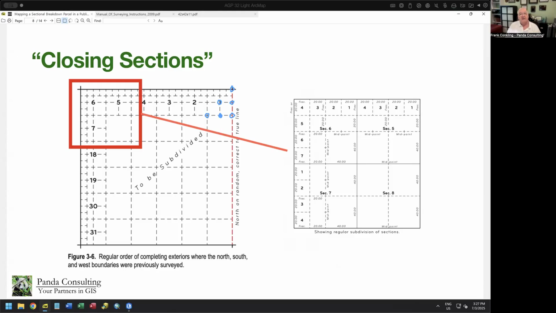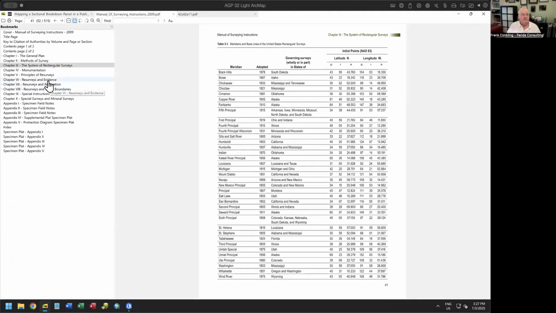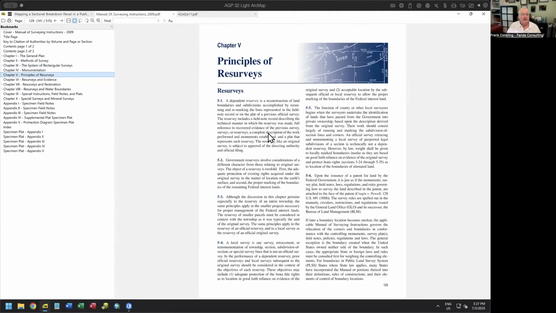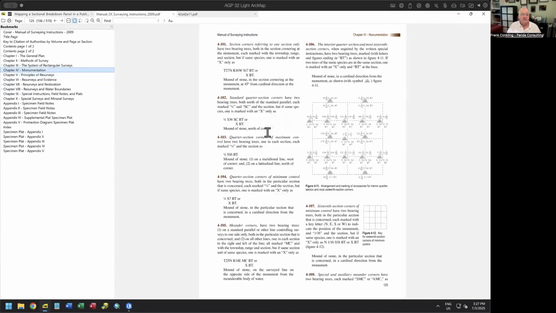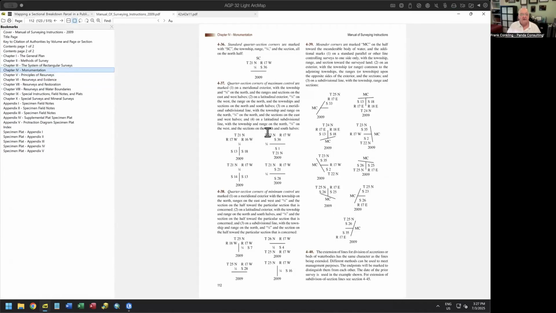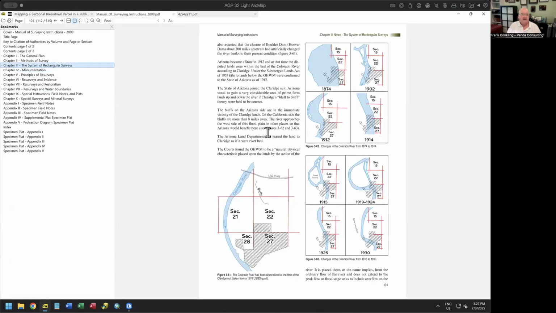And I say theoretically because also if you go back and look at this manual that I referenced earlier, and I gave you the link for, and you actually looked at it, there's all sorts of areas. Let's go back here. All sorts of areas where you've got water boundaries, you've got what's called fractional sections.